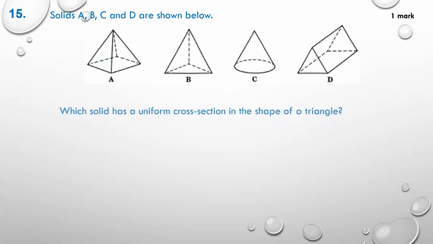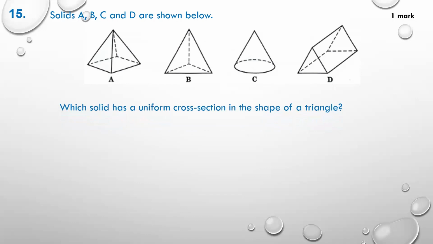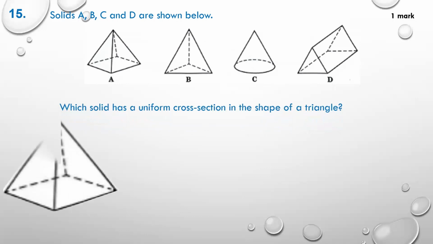So which solid has a uniform cross-section in the shape of a triangle? So let's draw this a little bigger. And if we have the base, that's a big rectangle, and we come halfway up, we're going to get another rectangle, but a little smaller. And if we keep coming higher, we're going to get another rectangle, which is even smaller.